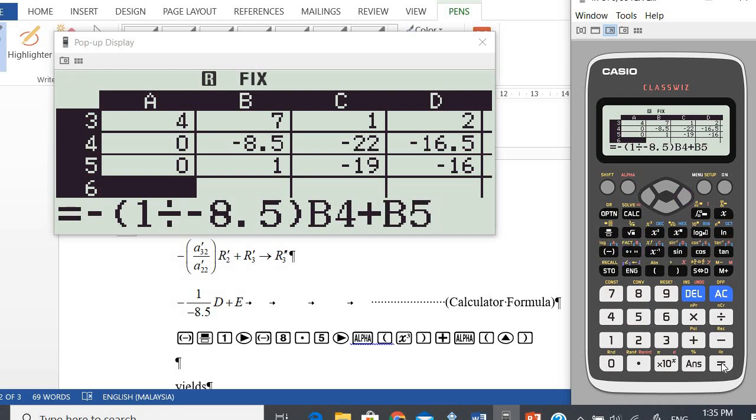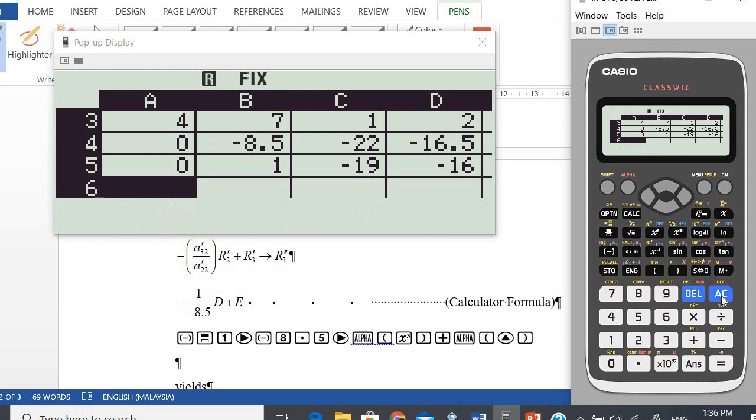Then, okay, sorry, I made a mistake. Since we are going to reduce the cell B5 here, becomes 0. So the cell A6 here should be 0.